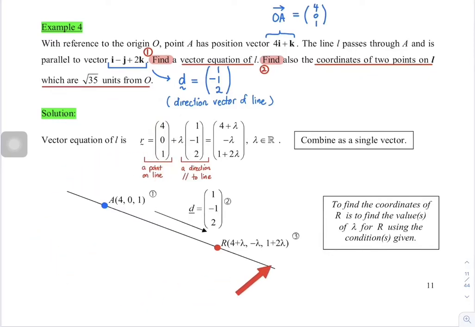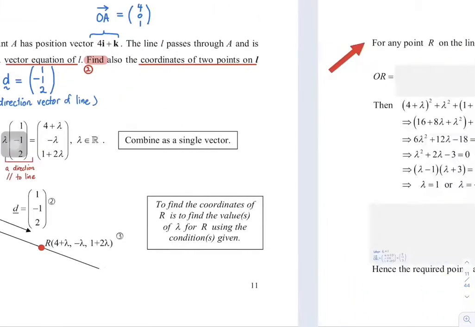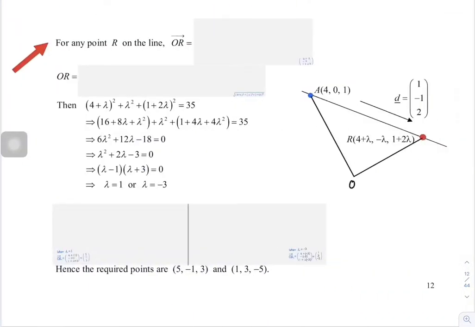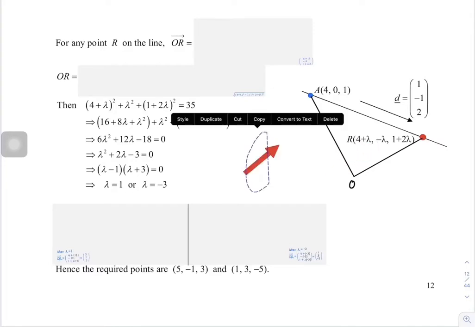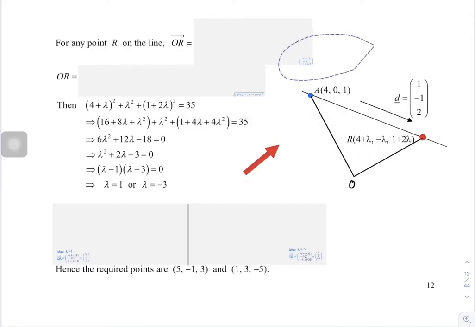Using a simple diagram, the point A lies on the line L. The direction vector is given by D. Any point on the line, which we label as R, would have the coordinates given as this, which is taken from the vector equation of the line itself. So for any arbitrary point R on the line, the position vector of the point R based on the vector equation of the line is written in this form.